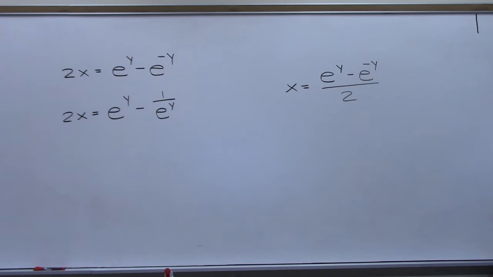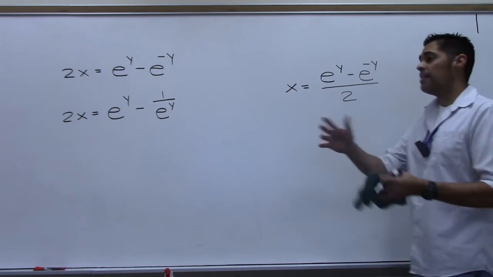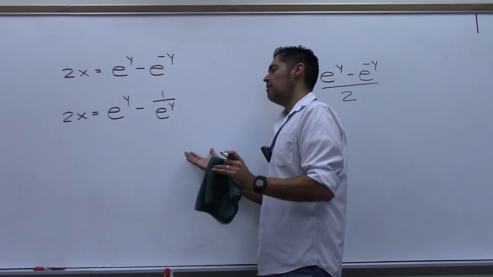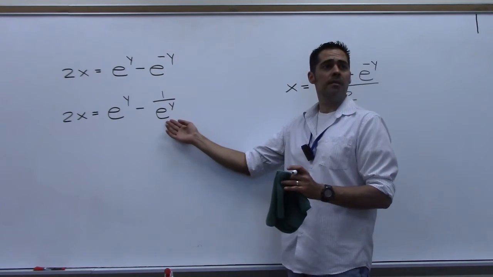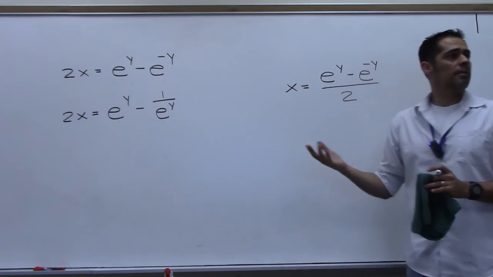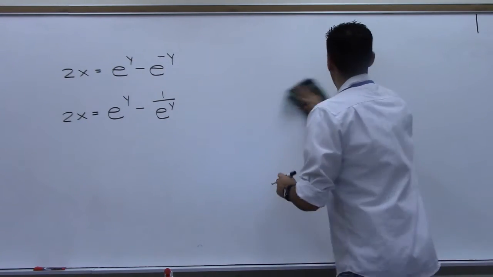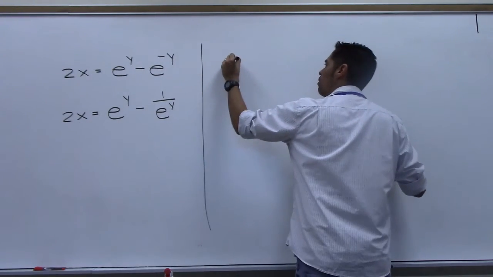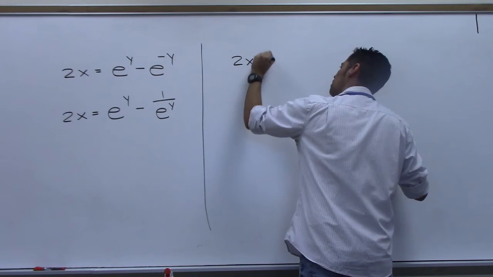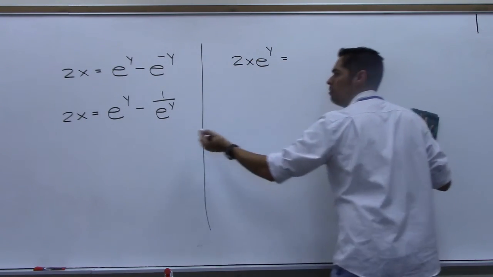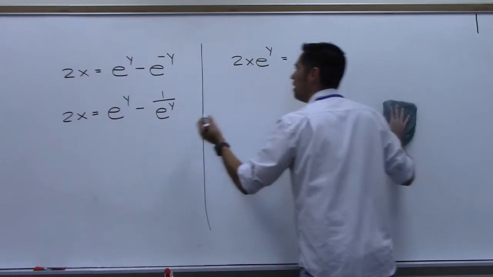Anyone want to take a shot at what you could do at this point? You want to get a common denominator? Yes and no, but a little variation of that. How about we just clear the fraction? Okay? So like this is in the denominator. How about we just multiply everything through both sides by e to the y? Is that fair? So 2x times e to the y is 2x e to the y equals, what's e to the y times e to the y?